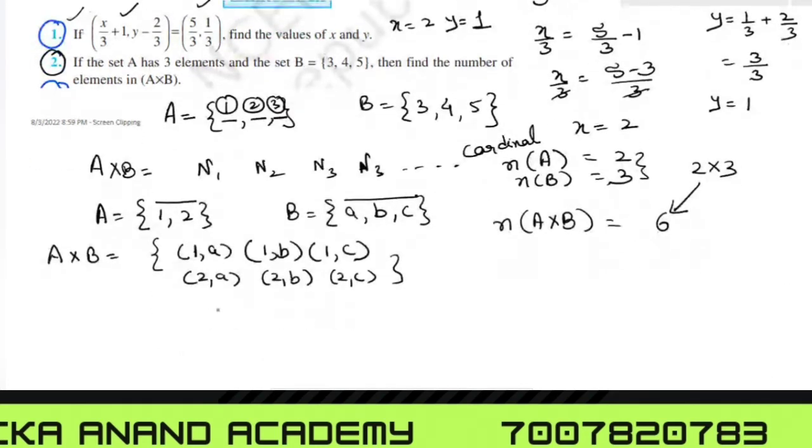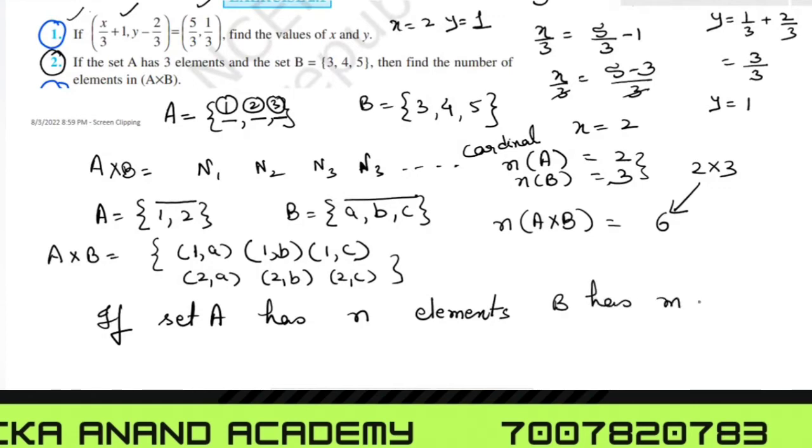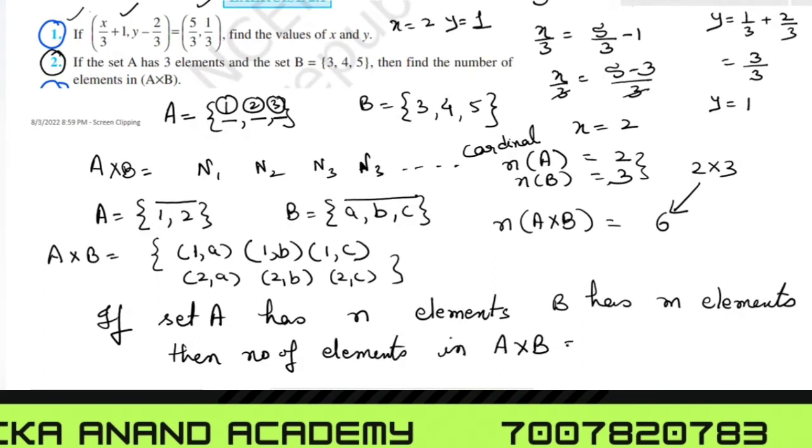So there's a formula: if set A has n elements and set B has m elements, then the number of elements in A cross B is equal to n into m. This is very important. Okay, clear?